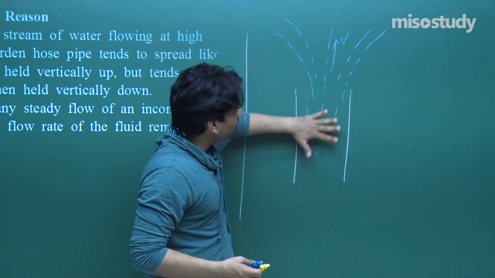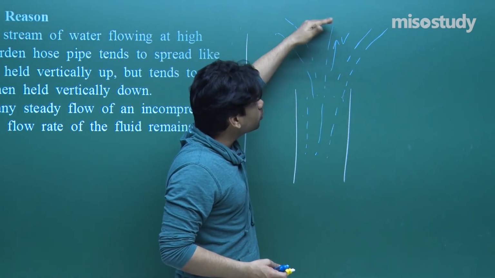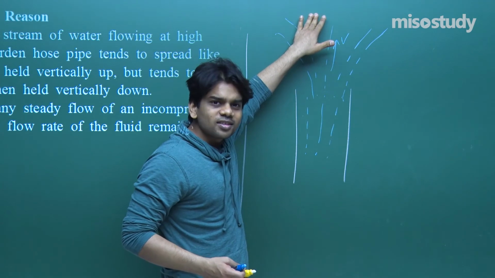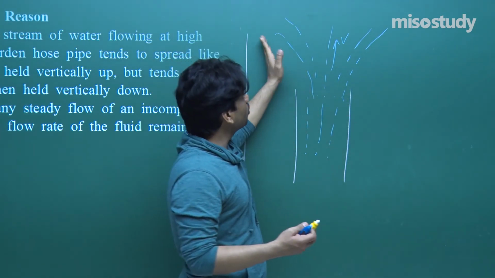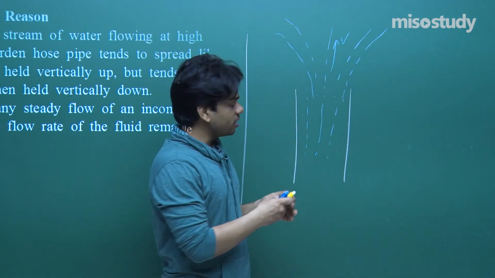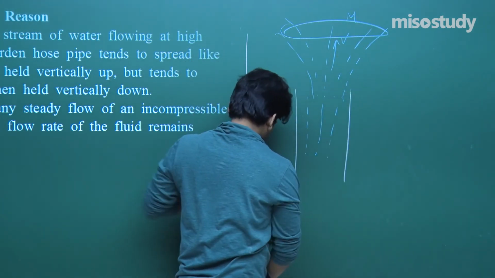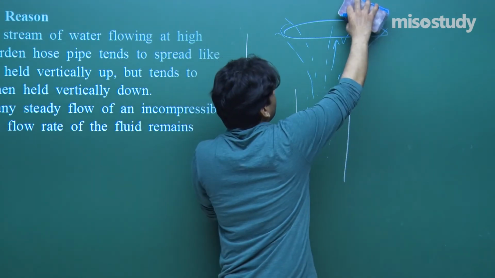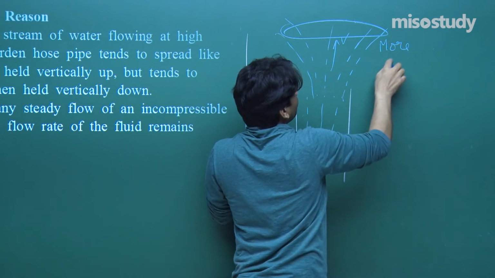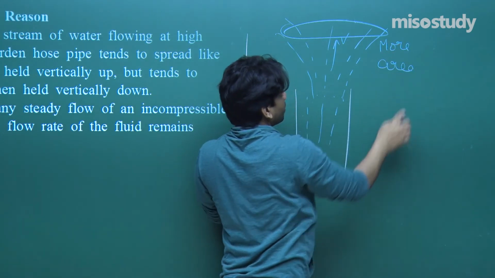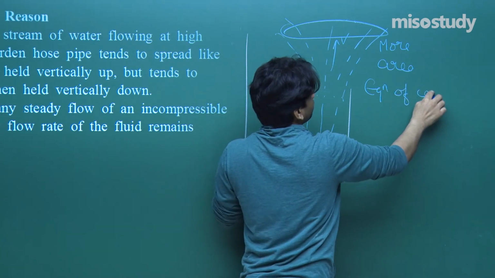The velocity will be higher here, and as it goes up, velocity will be reduced. If velocity is reduced, from the equation of continuity, the area will be more. That's why it's occupying more area compared to the area at the lower end. Why? Because of the equation of continuity.